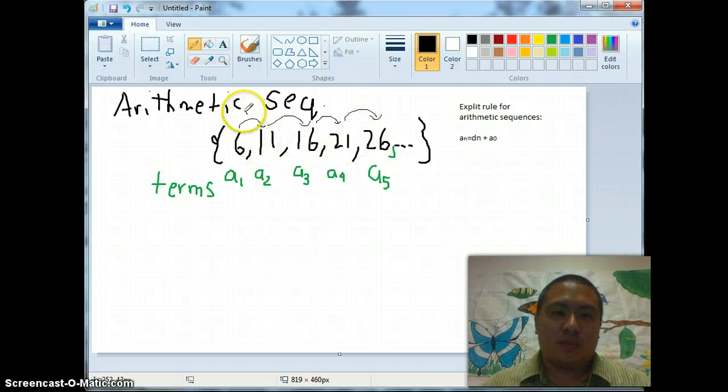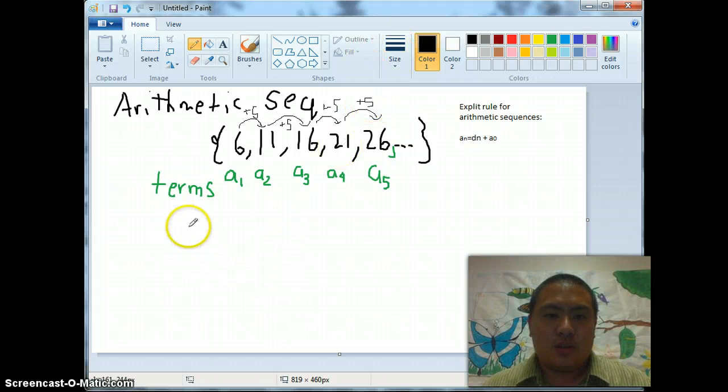This one would be plus 5. 6 plus 5 is 11. 11 plus 5 is 16. 16 plus 5 is 21. 21 plus 5 is 26. So you know that your d, or your common difference, is 5.